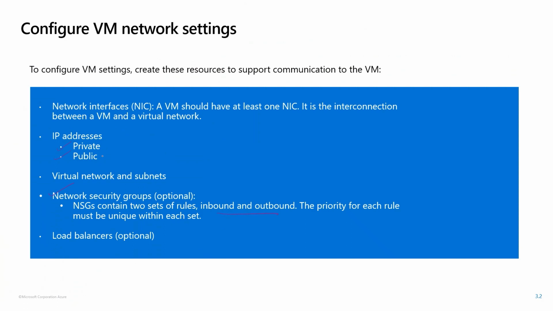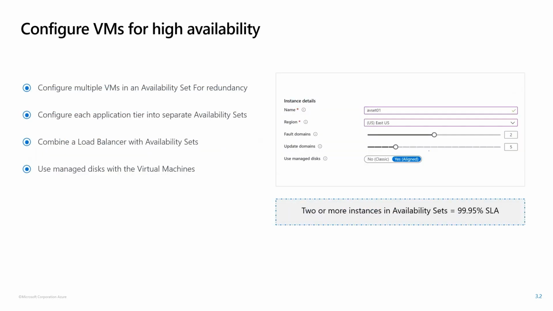Know which of these SKUs have options for closed communication automatically, which type of SKU would offer that, if that's something that you'd like to deploy. And then optionally, we can add load balancers to help us manage that traffic and balance communication between our load. Now, let's talk about high availability for a minute.